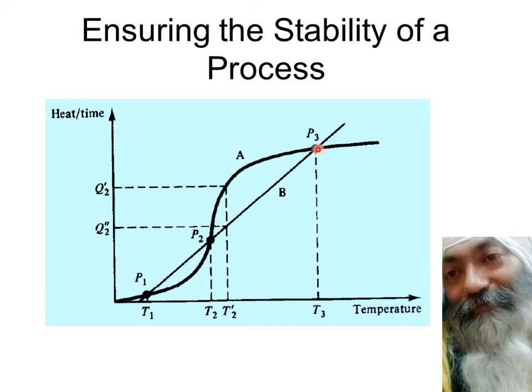And suppose for some reason the temperature becomes lesser than T3, then what happens at this point? Because the temperature is lesser than T3, here the heat released is more, as you can see, and the heat absorbed is less at this point, right? And therefore the temperature is again going to come back to T3. So it's going to stabilize itself at T3. Even if there is a change on this side also, it's going to come back to T3.